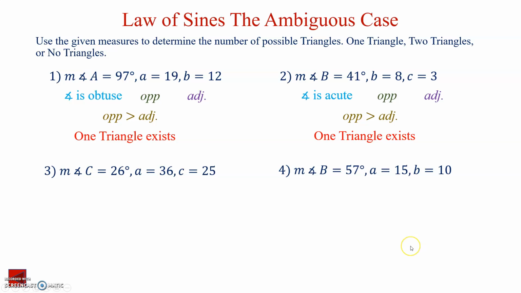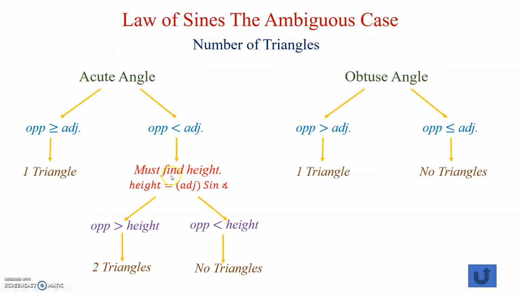Third problem. The measure of angle C is an acute angle, 26 degrees. A will be considered adjacent, while C is opposite. Again, little c is always opposite big C, and the other letter will be adjacent. In this case, the opposite is less than the adjacent. For an acute angle, we must find the height.